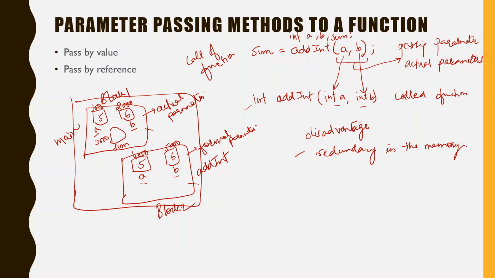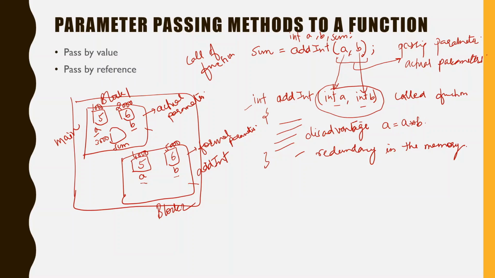Now what will happen in this function? What happens in this function will happen with these parameters only, not on these parameters. This is an important thing: suppose we do a multiplication over here, a equals a multiply b. Now which a will change?